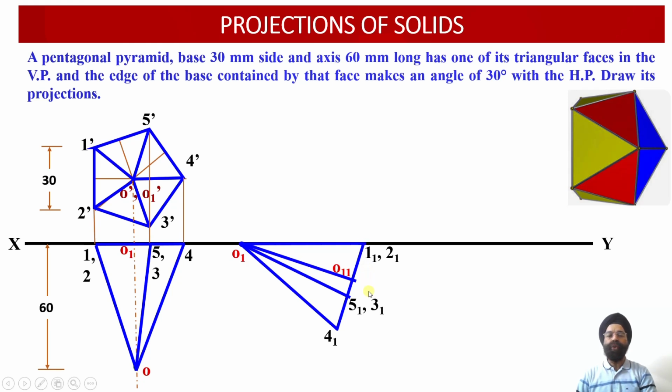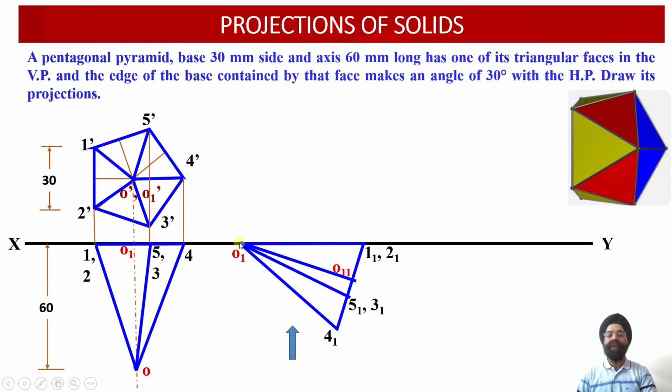Now, having obtained the top view projections of this pentagonal pyramid, we are required to obtain the corresponding front view projections. So how can that be done? As the observer is going to look at this pentagonal pyramid from this direction, here we have got 7 points: 5 points corresponding to the base, 2 points corresponding to the axis in the top view projections over here.